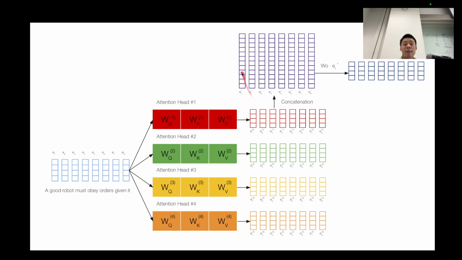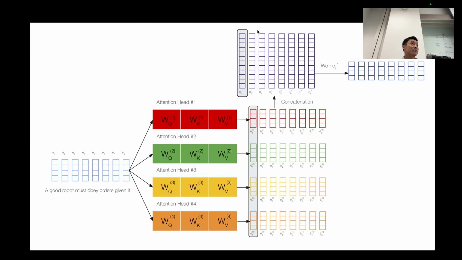So once you have those, you concatenate the embeddings for each word and combine it like so. This is concatenation. So we're not doing anything much here. So that means the embedding can be very large then. If the output for one attention head is an embedding of size 1000, if you do that 20 times, then you end up with what? Embedding of size 20,000, and we don't want that.